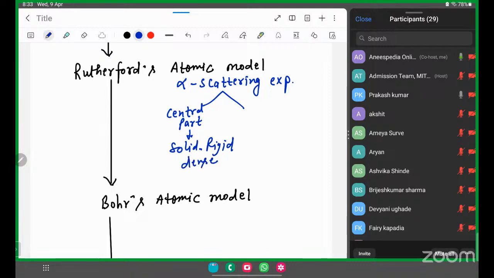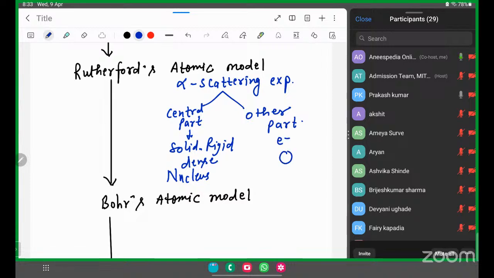And this part is now known as nucleus of the atom. And this nucleus is positively charged, which means all the protons reside inside the nucleus. And other part is empty, and electrons revolve in that part in circular orbits.